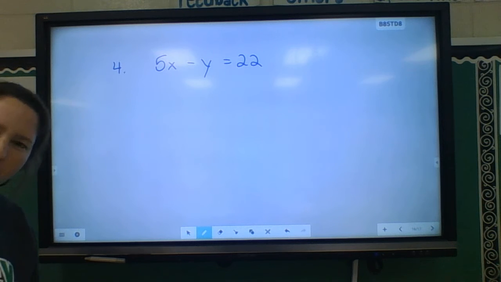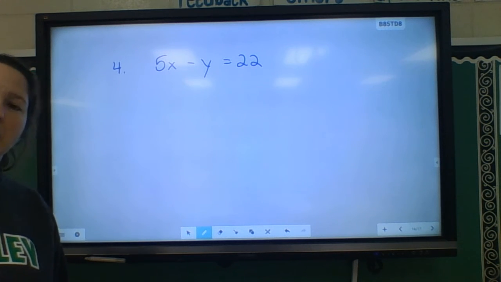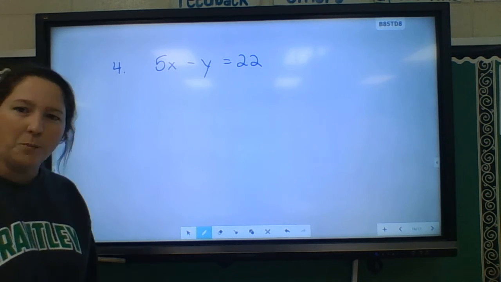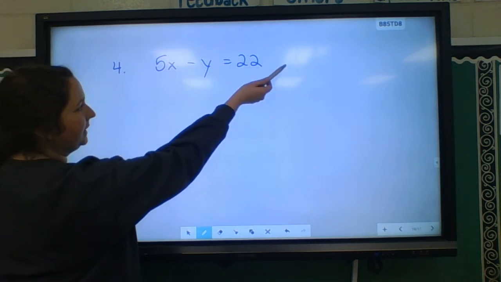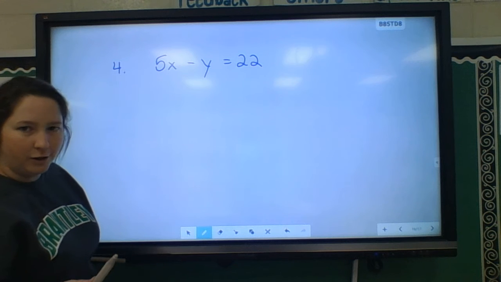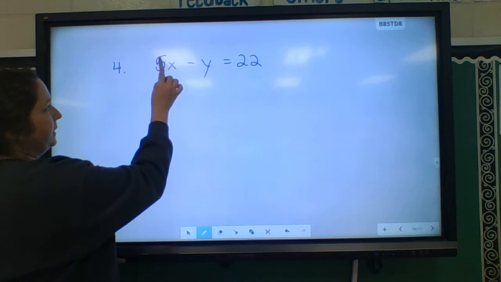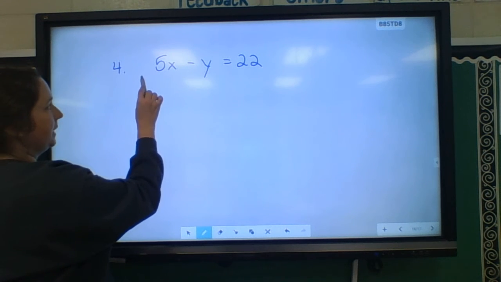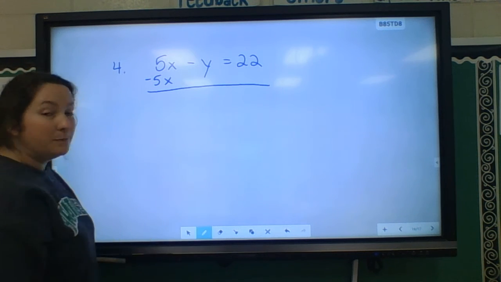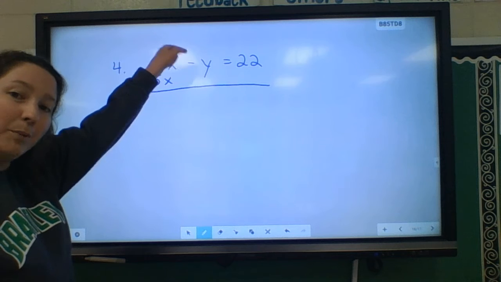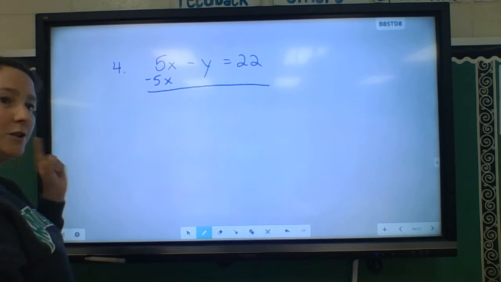Oh, bummer. Again, y's not all by itself. So we got to move the 5x over by inverse operation. Since it's a +5x, I'm going to subtract 5x. And then everybody's like, Miss Bag, there's a subtract sign in the problem. Why are you subtracting?